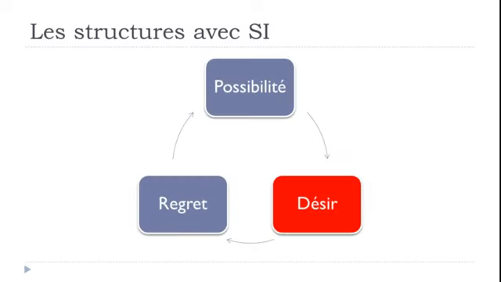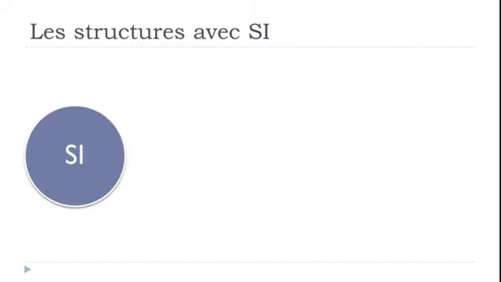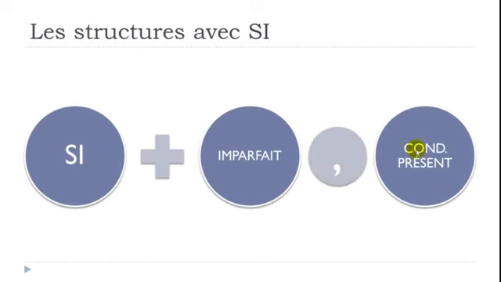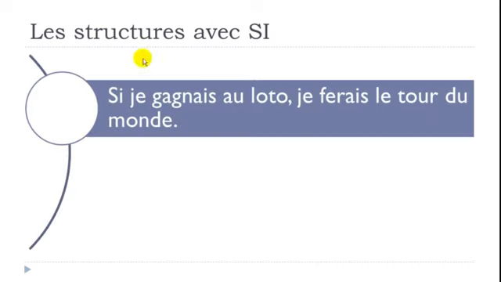Second category, if you want to express the desire, le désir. Normally, we will use si avec l'imparfait, followed by le conditionnel présent. So si plus imparfait and then conditionnel présent. Let's take one example here.